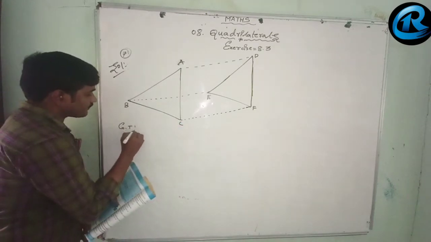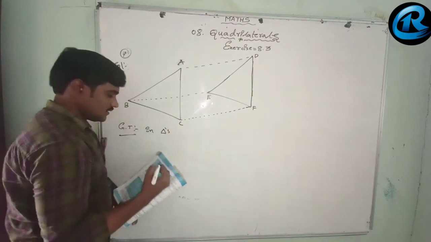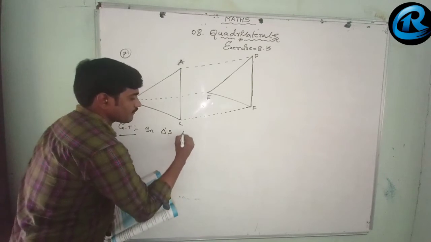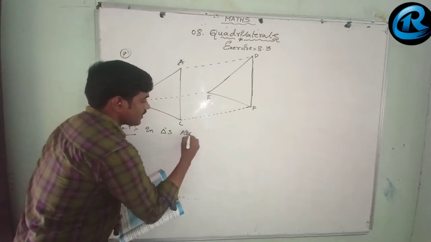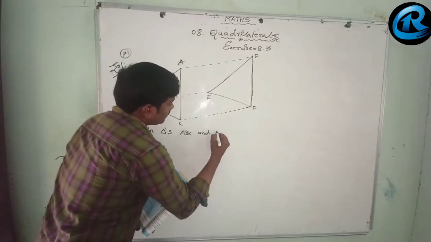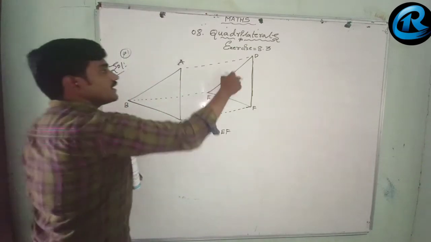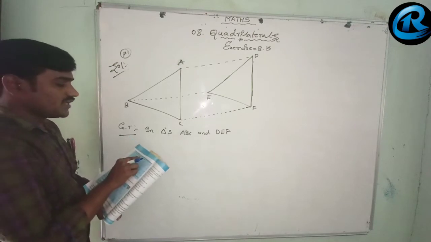Given that in triangles ABC and DEF, in these two triangles AB is parallel to DE is given.